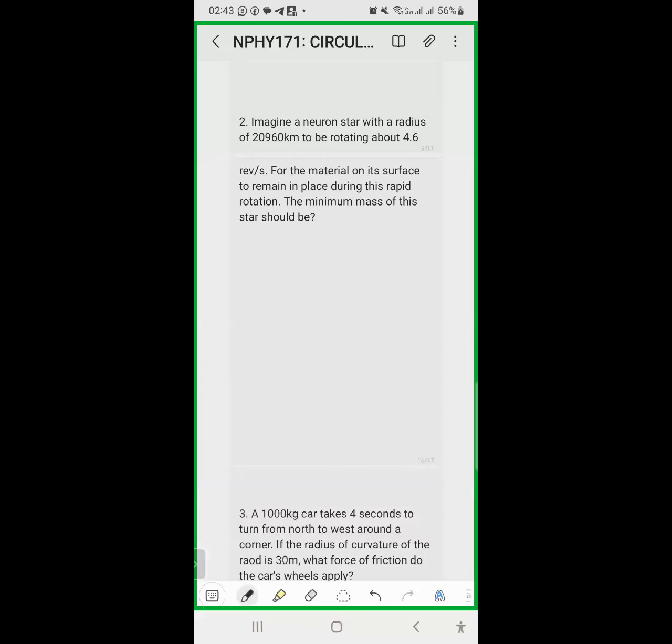Therefore, in solving this question, we can use the equation that the free fall acceleration is equal to the gravitational acceleration minus angular speed squared multiplied by r, where omega squared r is the centripetal acceleration, because neutron stars are the most dense stars in the universe and are located at a very high altitude.